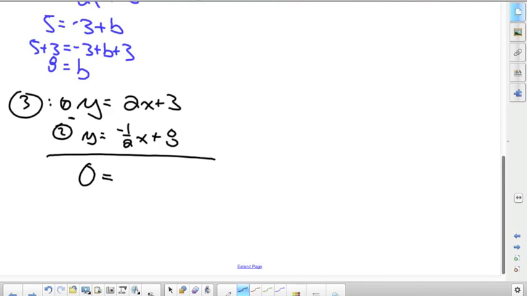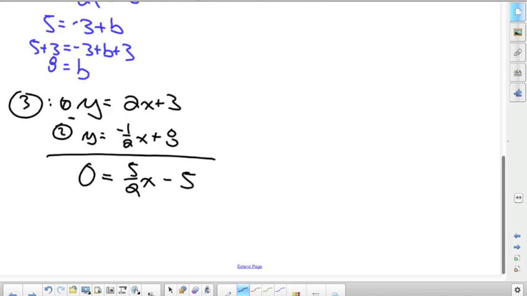So we get 0 is equal to 2x minus 1/2 x, which gives us 5 over 2 x, right? 3 minus 8 gives us negative 5.